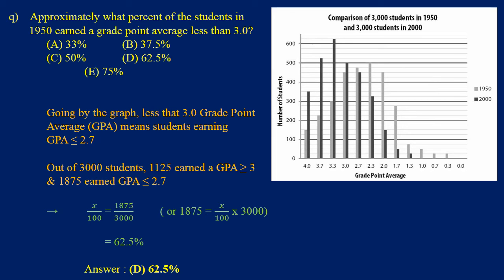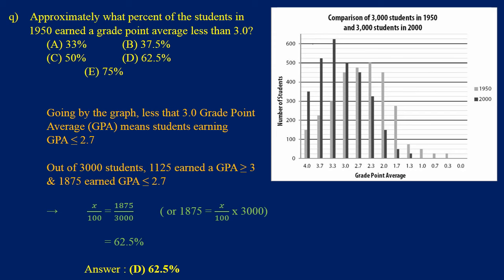The gray bars are representing the students' performance in 1950, while the black bars are representing the students' performance in the year 2000. Now the question says approximately what percent of the students in 1950 earned a grade point average less than 3, right? Very easy question.